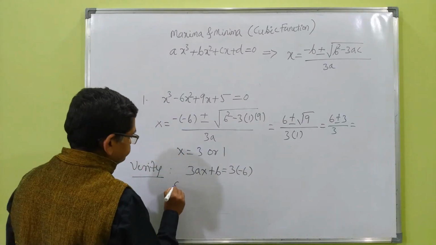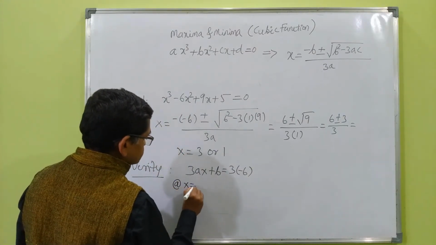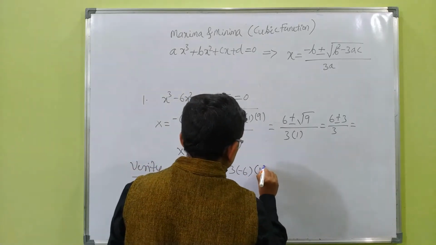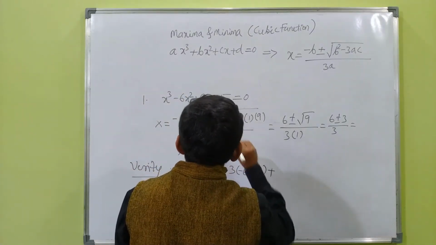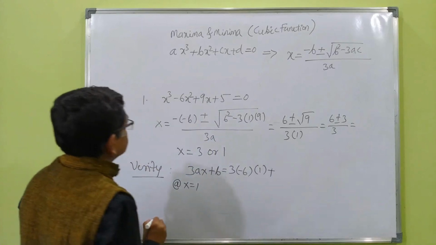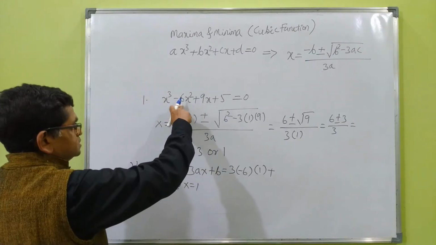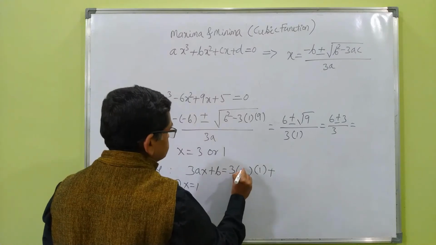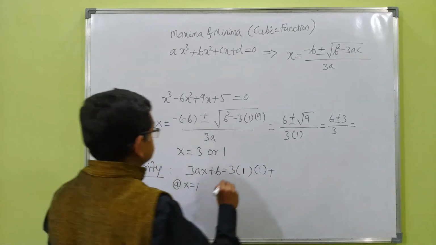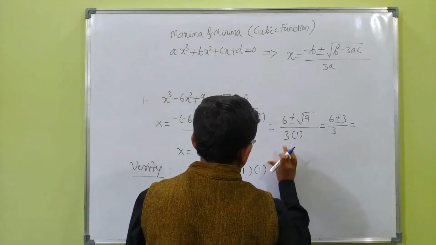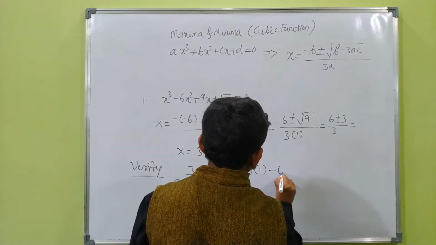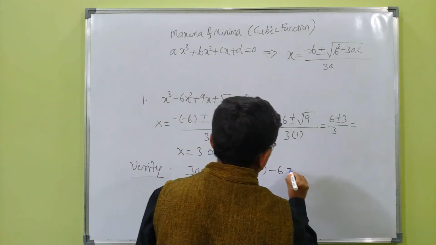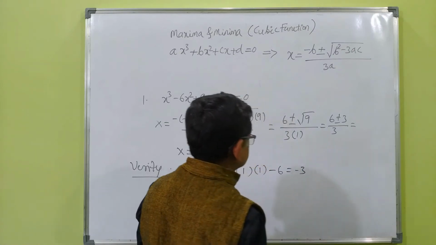Okay, at x is equal to 1, 3 into 1 into 1 plus b, b is minus 6, so this is minus 3.